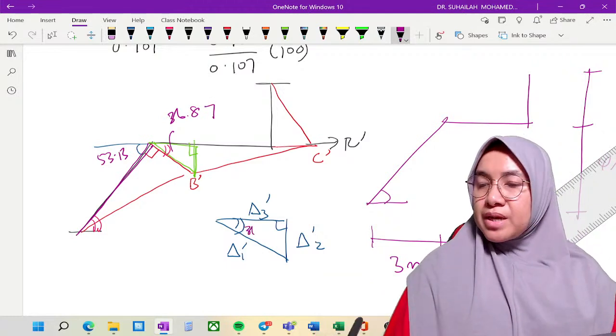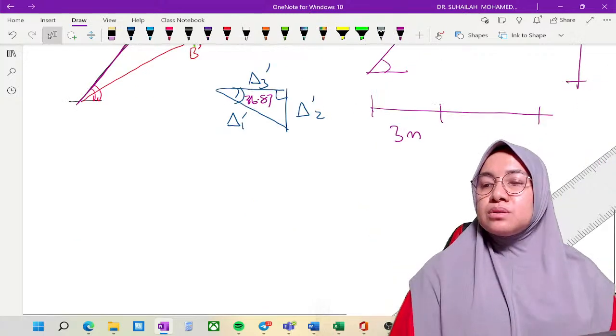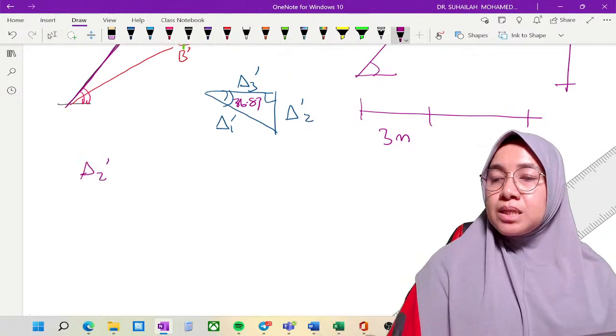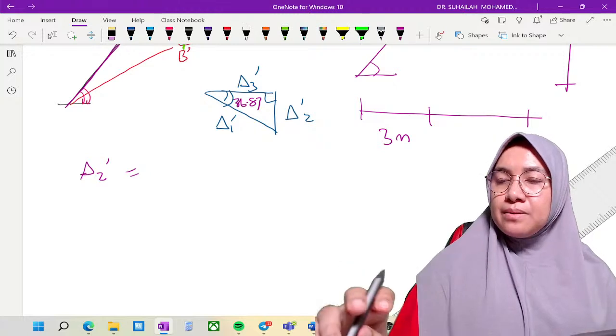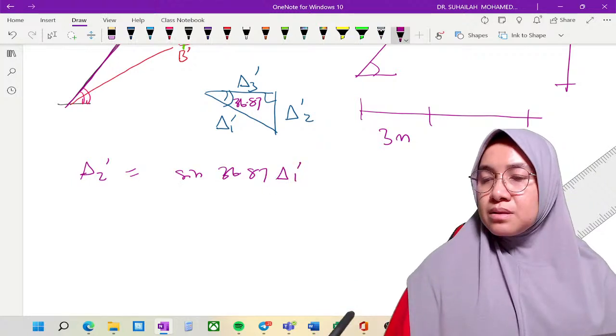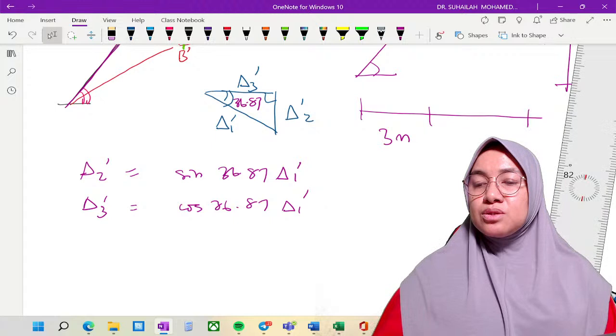So this 36.87 will produce delta 2 prime is equal to sine 36.87 delta 1 prime, and delta 3 prime is cos 36.87 delta 1 prime. So we use this to calculate FEM.